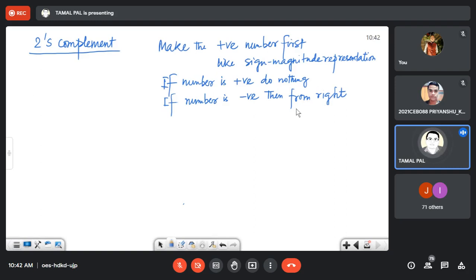Right now some of you at least will not understand, so that's why I am writing from right to left: keep the pattern unchanged up to the first one.